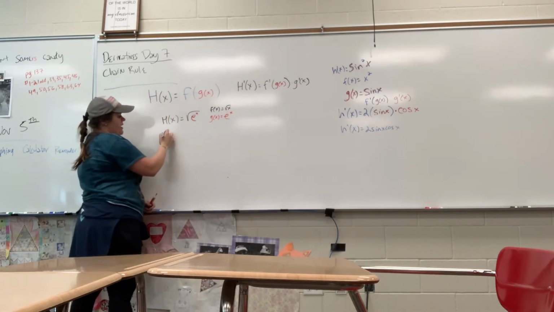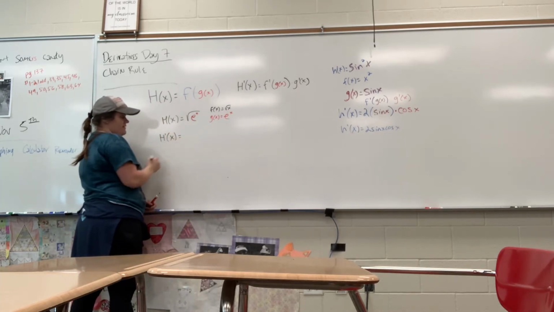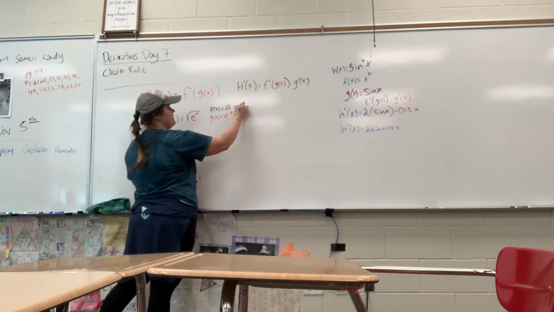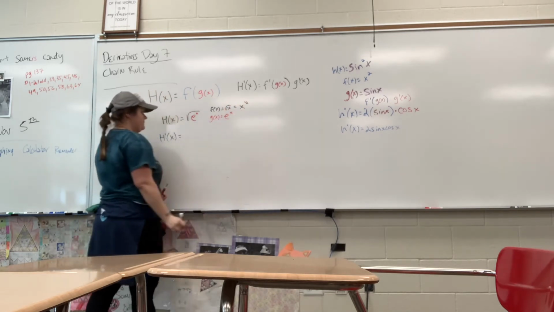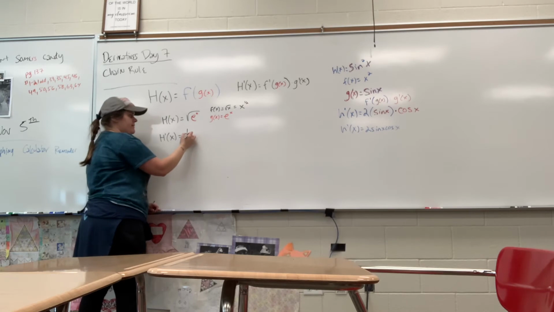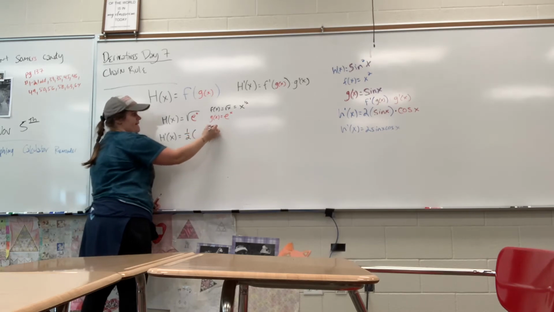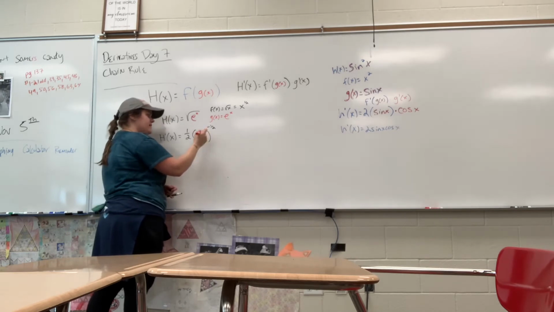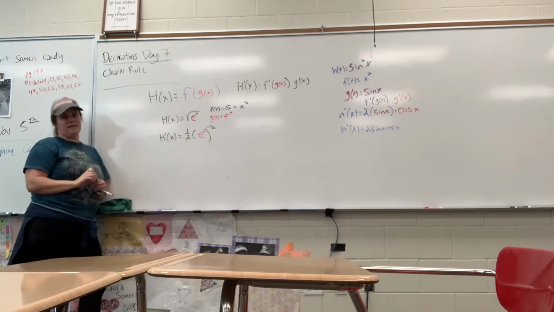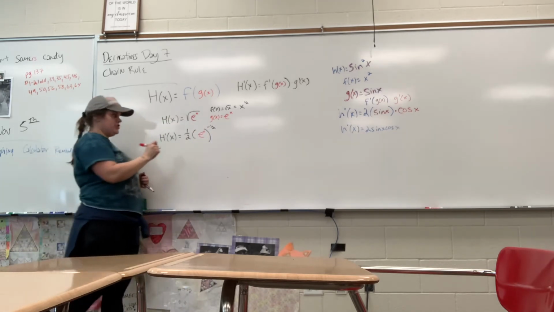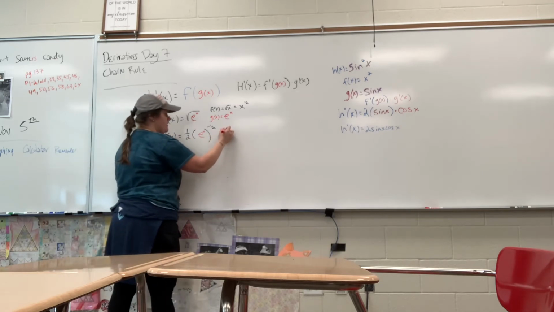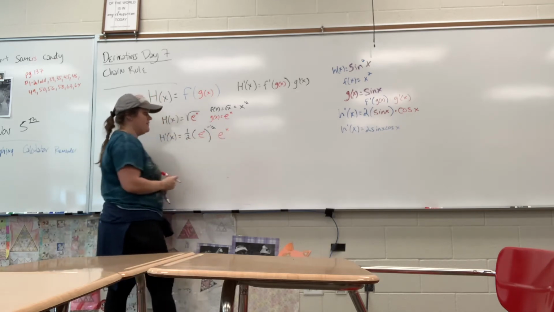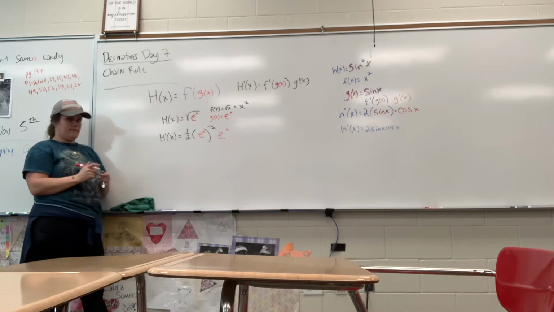So h prime of x is f prime of g times g prime, which is, that's g prime.